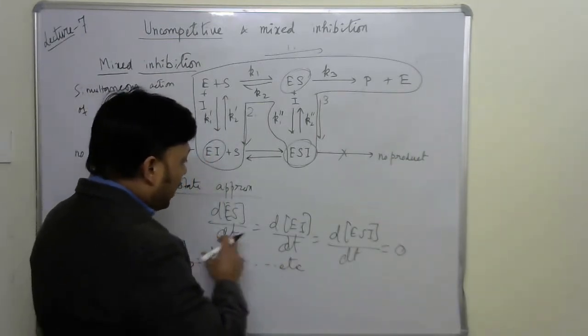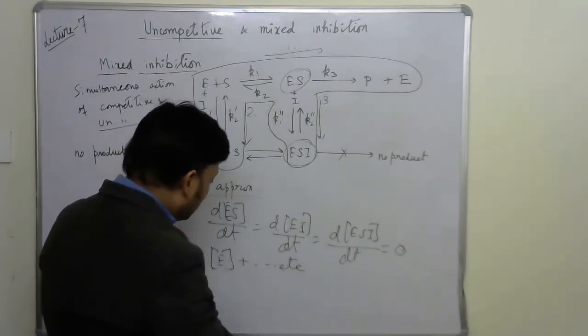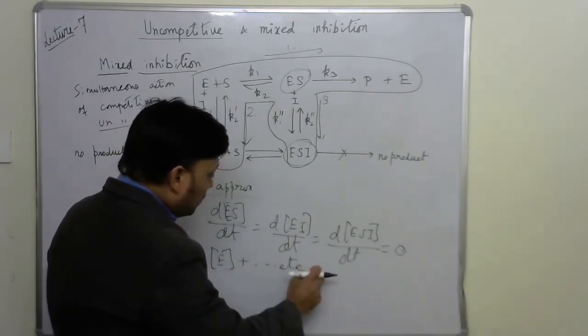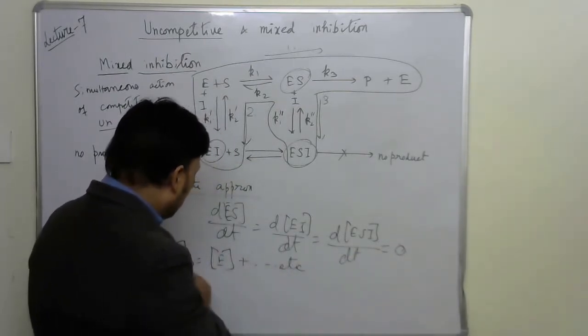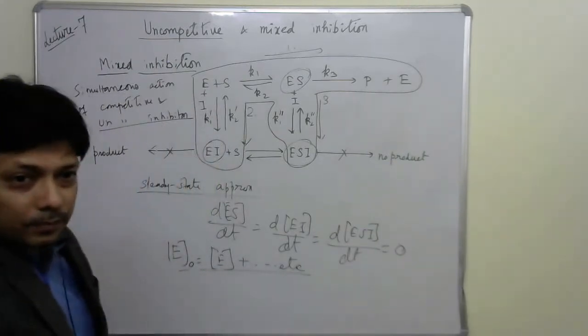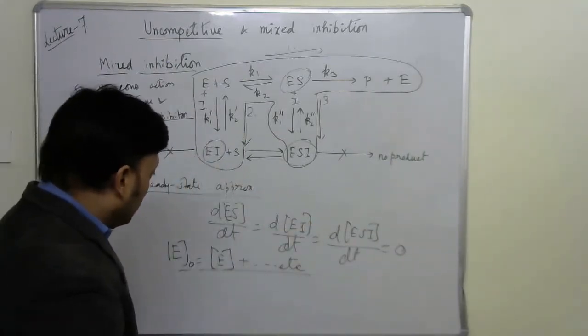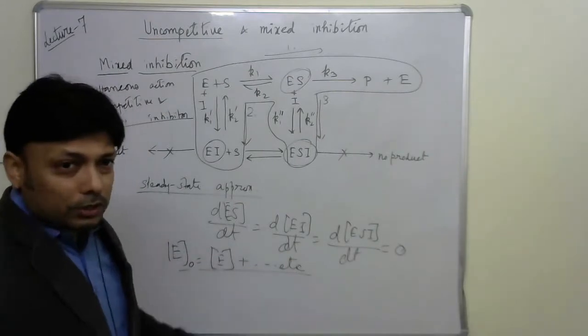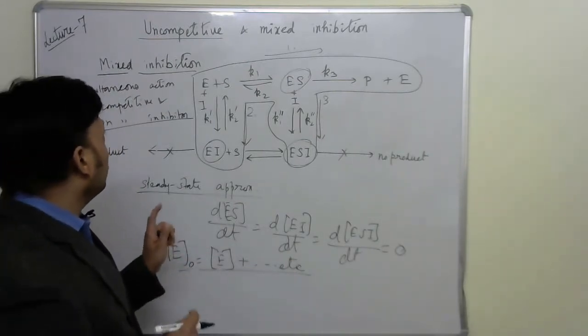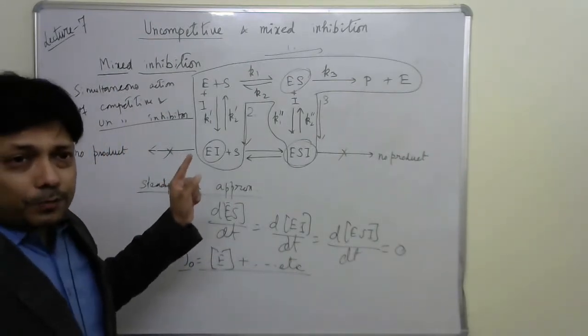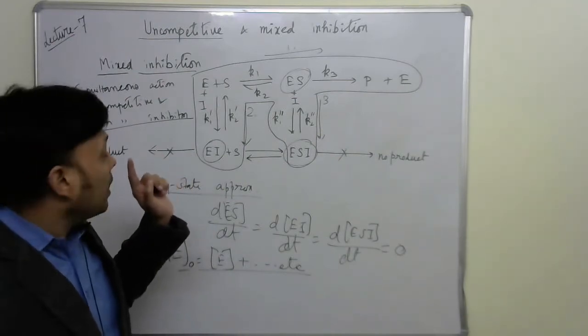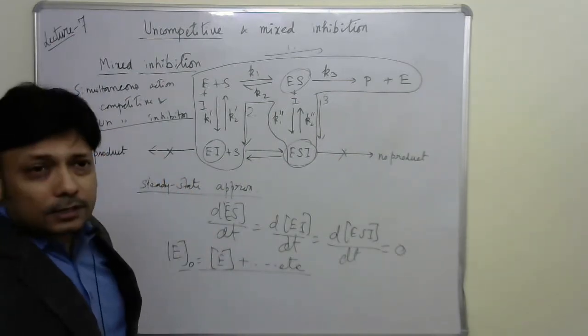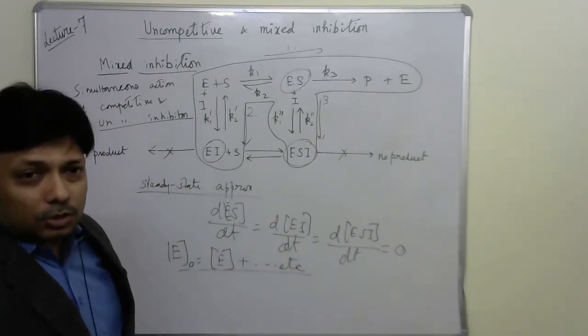So therefore we have these three conditions and this equation. By taking help of all those four equations, you have to arrive at the correct expression for the inhibition kinetics for mixed inhibition.